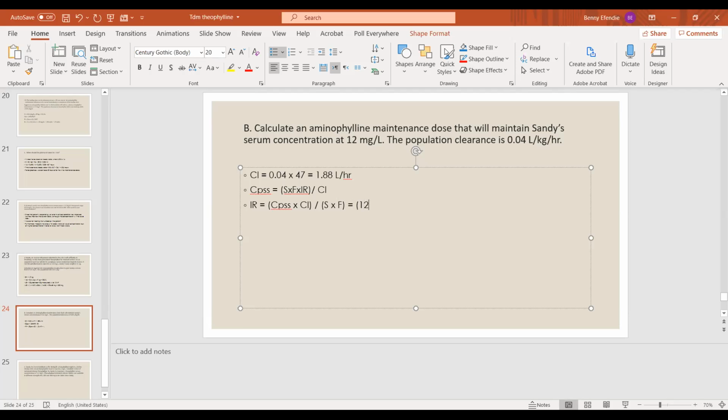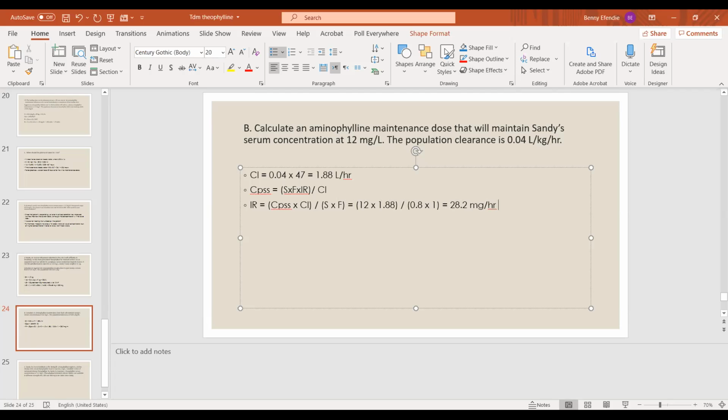CPSS is 12 times the clearance just now, 1.88, divided by 0.8 times 1. What did we get? 28.2 milligram per hour. Yes, because this is an infusion, right?